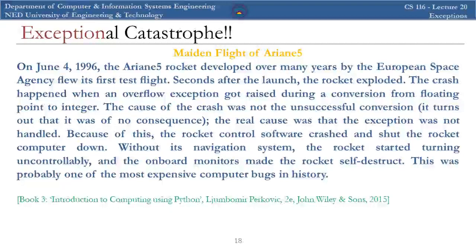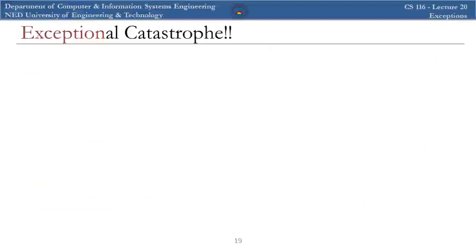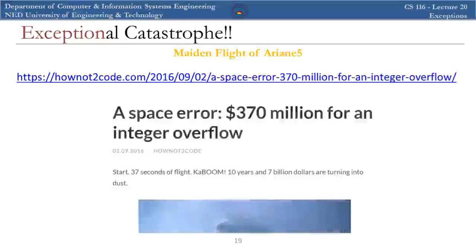You can find it here in this Perkovich book, and you can also track this on internet. This is what they have got on internet. $370 million for an integer overflow. Like for such a small mistake, like not handling an error, it cost them $370 million.